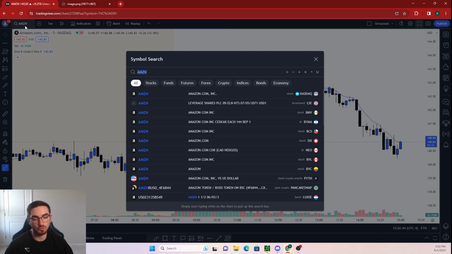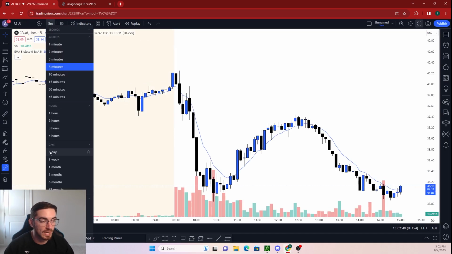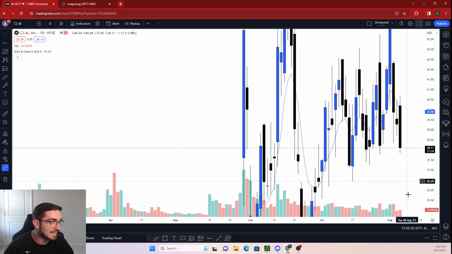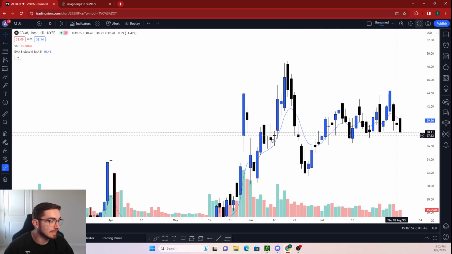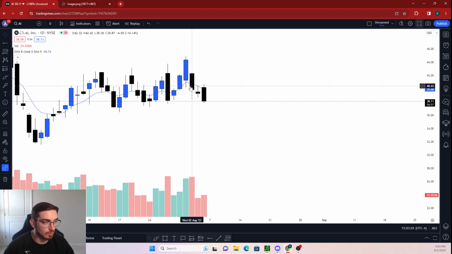We ended up taking a swing on AI earlier in the week, and we actually got a very good entry right off of the daily 8 EMA. So we added a little earlier in the day, and then as price came down towards the 8 EMA, which was actually a little lower. As we know, moving averages are going to move throughout the day as more price action comes into play.